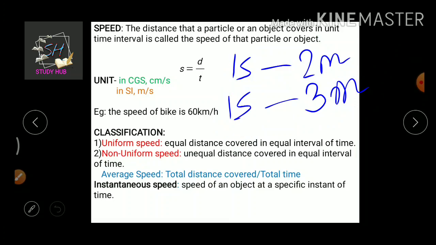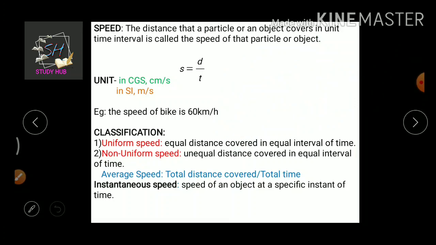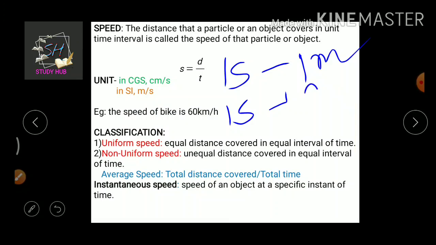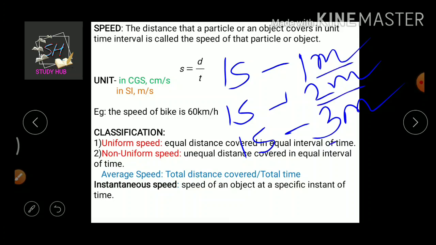Suppose a particle moving in 1 second 1 meter, then in next second, that means next 1 second it goes 2 meter, and next 1 second it goes 3 meter. Then it is a case of non-uniform speed, as the distance are different, here 1, here 2, here 3, but intervals are same, equal intervals of time.